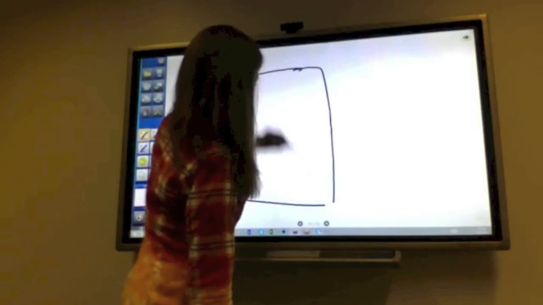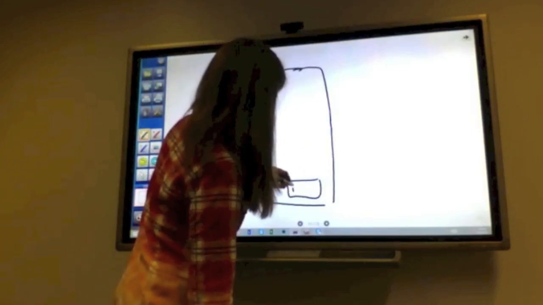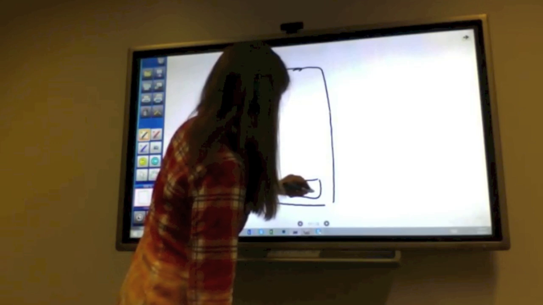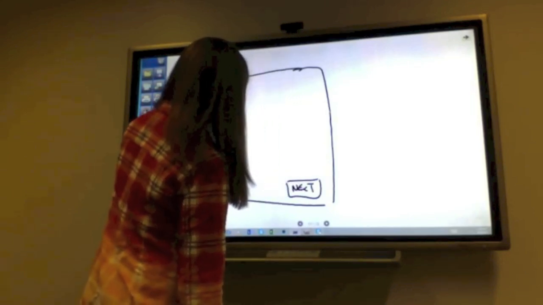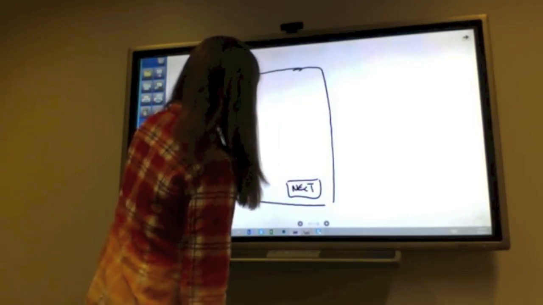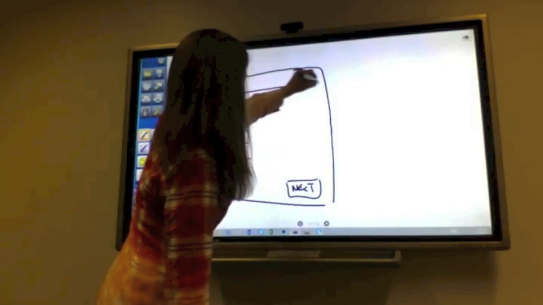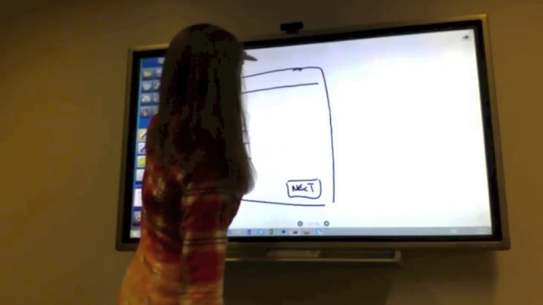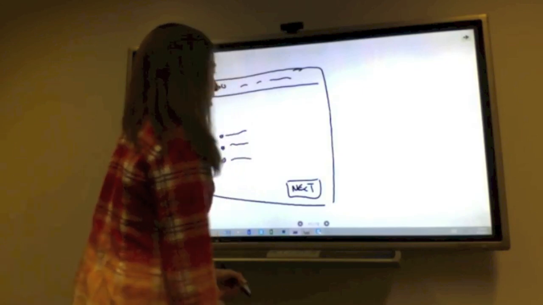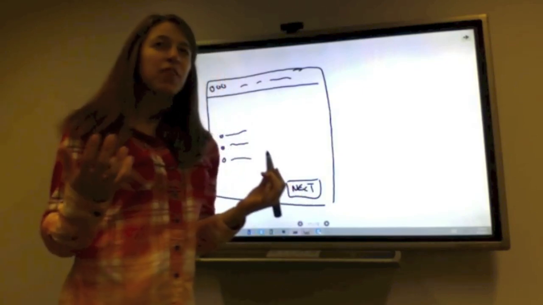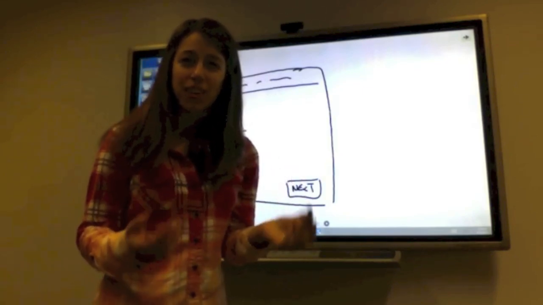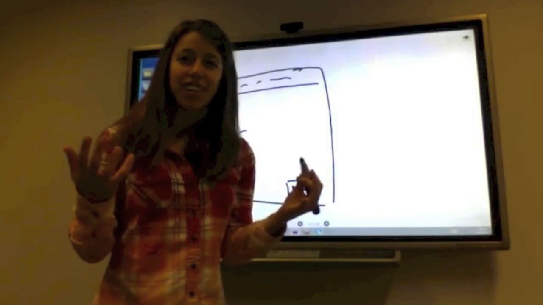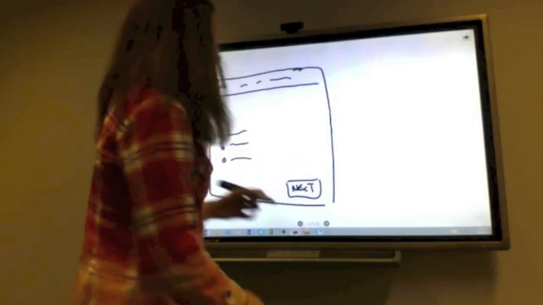Here's the next button, and the radio buttons that had each of the little bits of information. I think I went so far as to sketch the header and the title and all of that stuff. For me, it helped solidify some concepts that I was just not getting, because this project was super complicated.